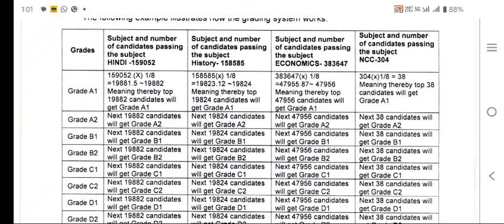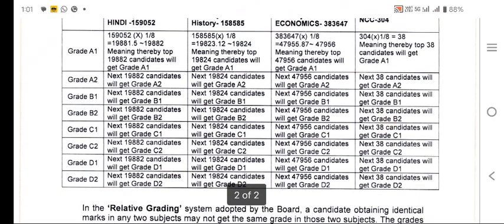That means 1/8 of those candidates, that means 19,824 candidates, will be awarded A1. The next 19,824 will be awarded A2. The next 19,824 candidates will be awarded B1.